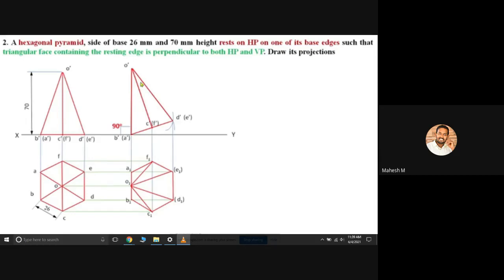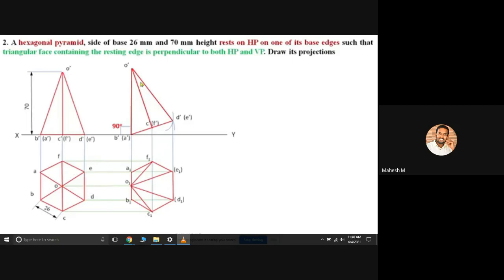Similar to the hexagonal pyramid, the pentagonal pyramid will have all the same conditions. Now, how many problems have we seen for the hexagonal pyramid itself? 4 types of problems. Axis inclined to HP, slant edge on HP, triangular face on HP, then triangular face perpendicular to HP. Similar to that, slant edge will be perpendicular to HP. So many conditions for one solid.